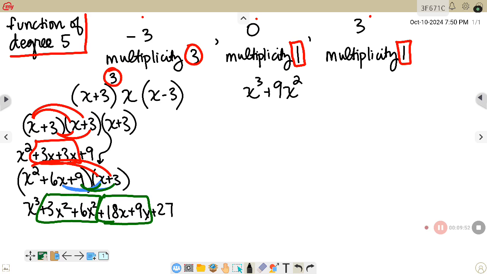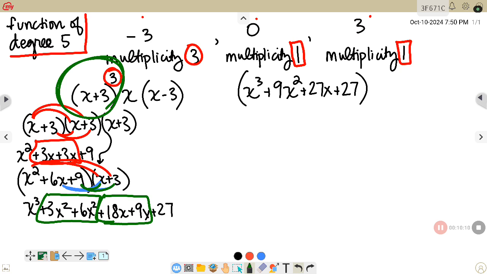Then my x's, I've got 18x plus 9x, which gives me plus 27x, and then the constant of plus 27. So all we have done so far is that x plus 3 to the third. I still have the x and the x minus 3 factor. So if I'm multiplying this big parenthesis here times that x, I'm just going to distribute here.